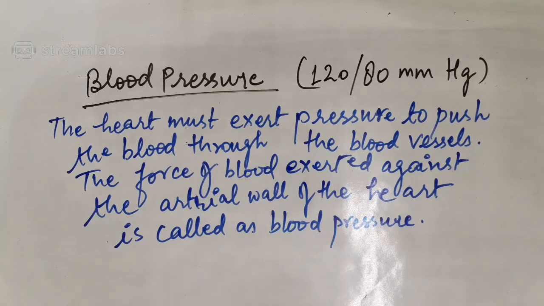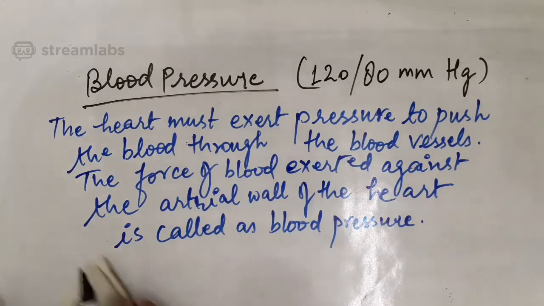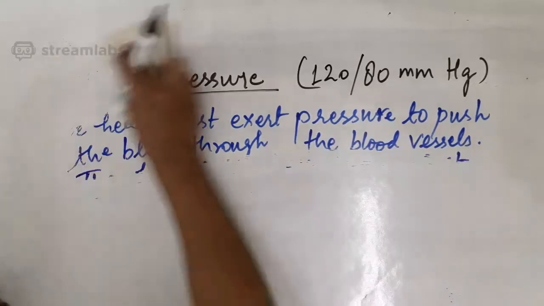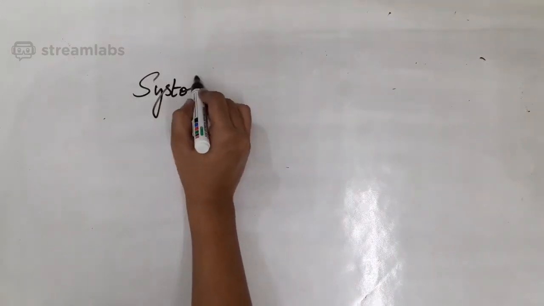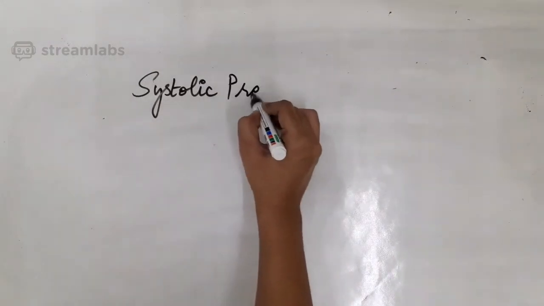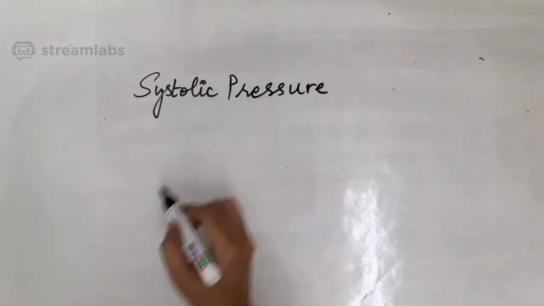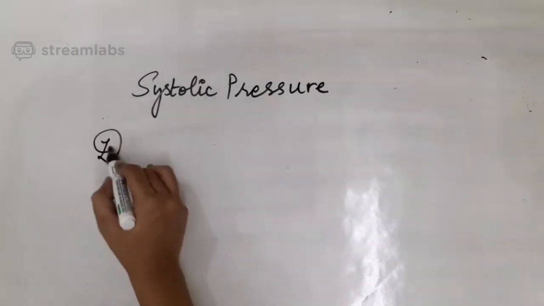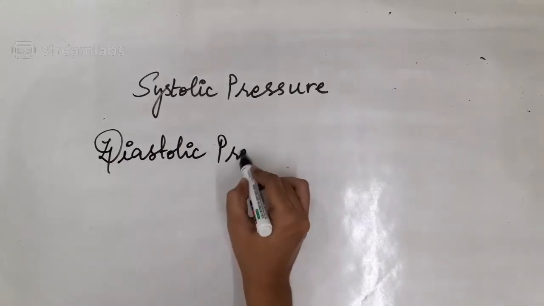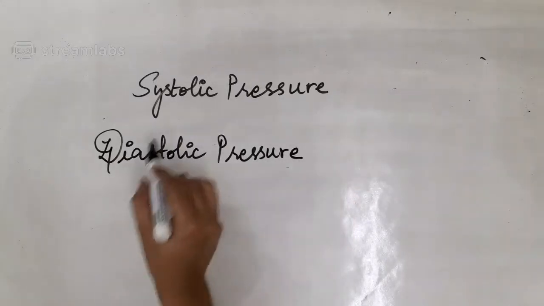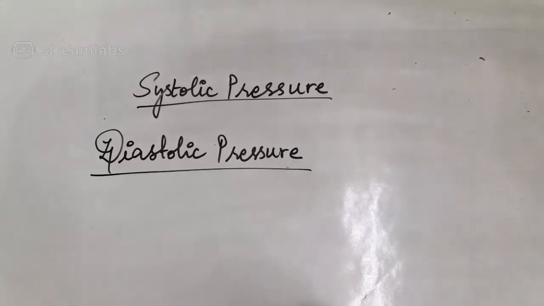The first limit of the blood pressure we will discuss is the systolic pressure, and the second one is the diastolic pressure. What do you mean by systolic pressure and diastolic pressure?